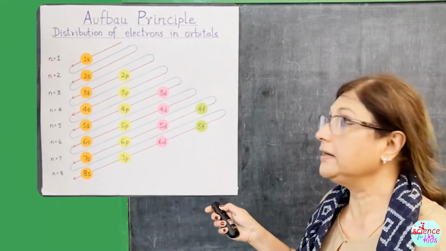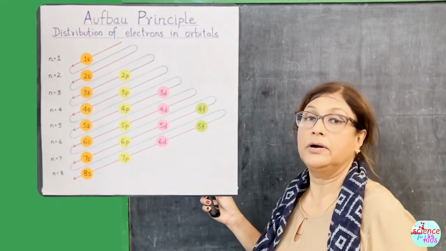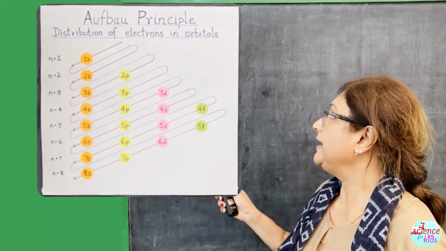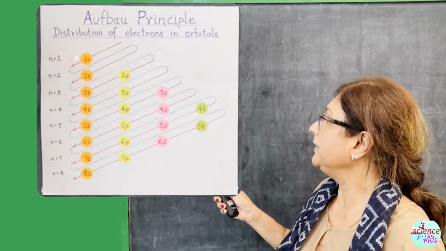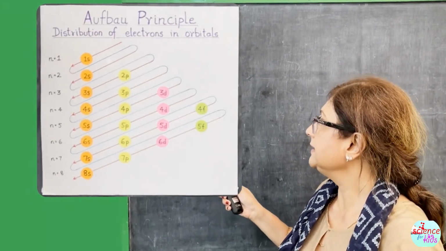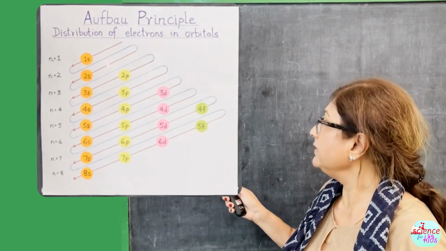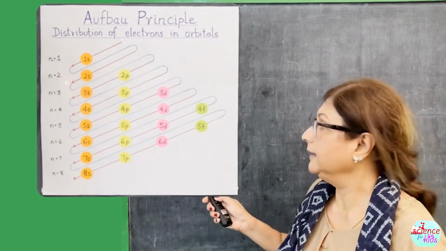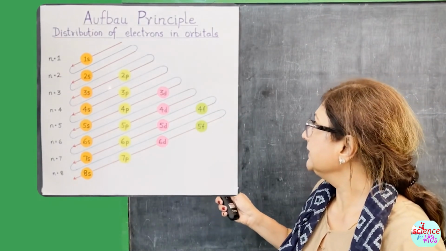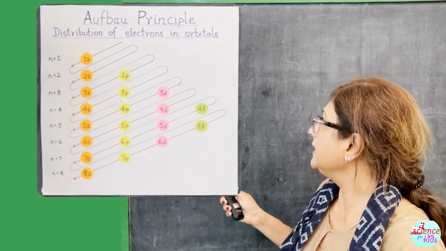That is from period 1 and sub-level or block s. So we have to follow these arrows with me. We start from period 1, 1s, then 2s, after 2s to 2p, then we move on to the next level, that is period 3. So 3s, then it goes to 3p, 4s, and 4s to d.